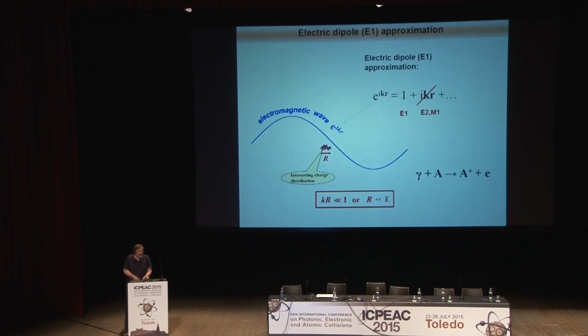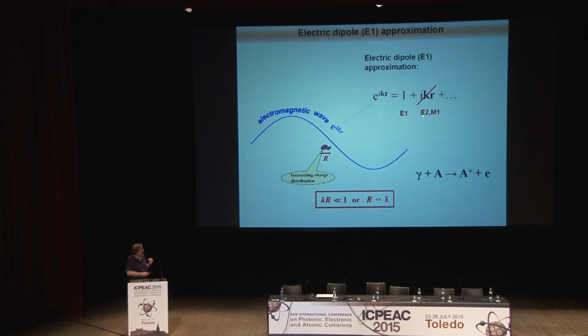So to start with the non-dipole effects in the angular distributions, let us just remind what the electric dipole approximation is. If this is an electromagnetic wave, its vector potential, interacting with a charge distribution, and the wavelength is much larger than the size of this charge distribution, then we can cut this expansion of the vector potential and stay with unity, which gives us the electric dipole approximation.